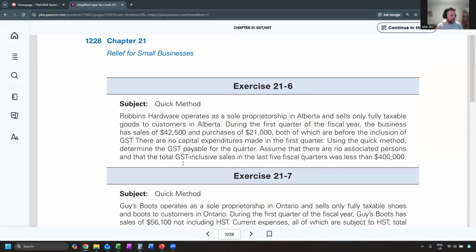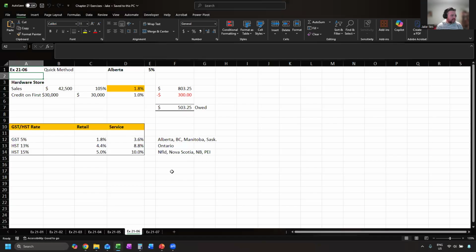So how much are we going to have to remit for HST in this situation? So our sales amount, with the sales tax included, times that rate of 1.8%. So we are retail, and in Alberta it is just GST 5%, so that's our multiplier.